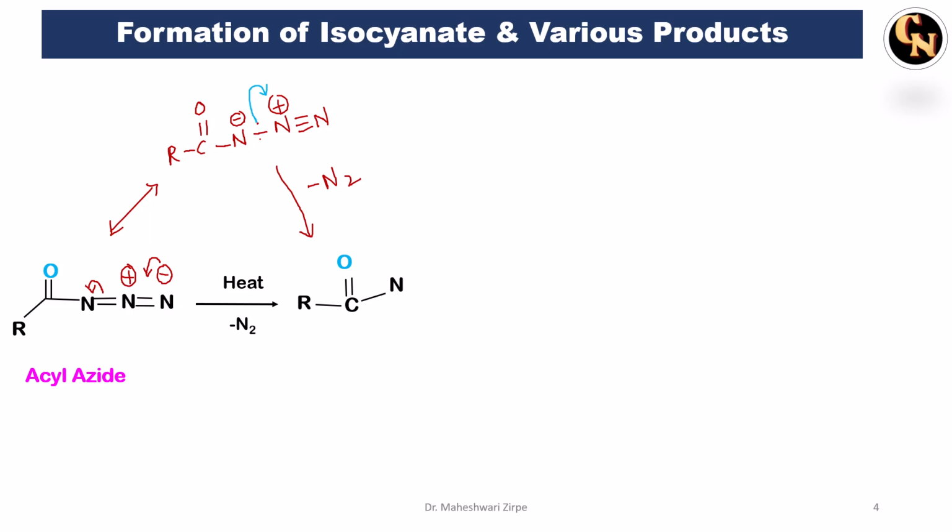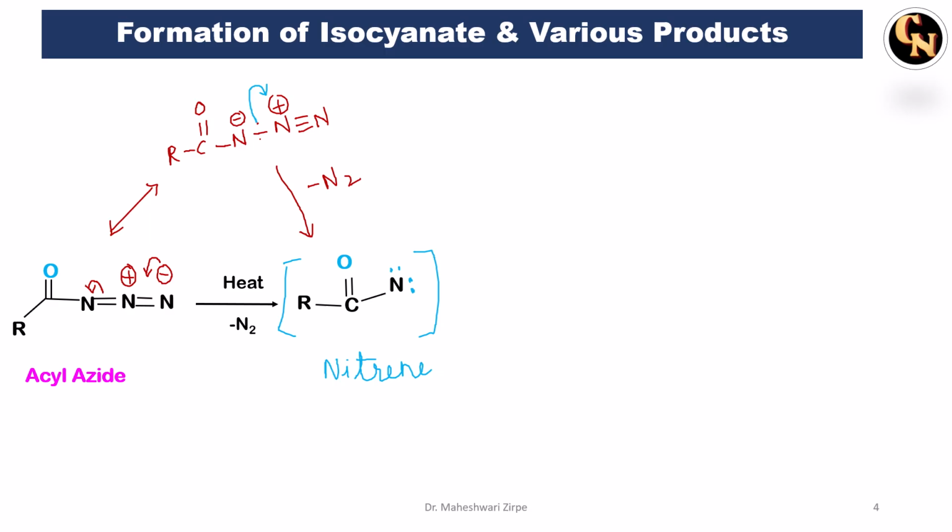This compound which is formed in between is called a nitrene. Why? The nitrogen will be having lone pairs, and this is an intermediate.